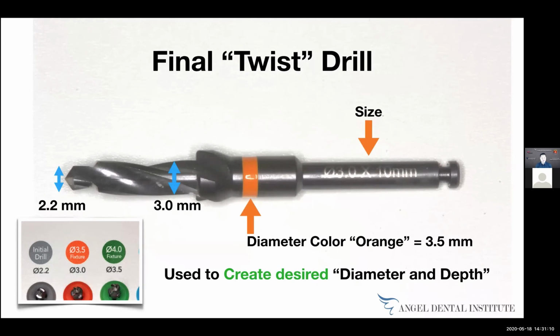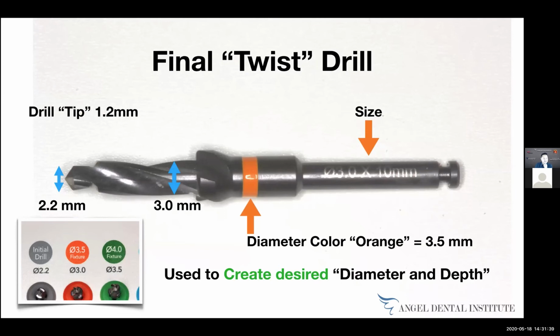Actually, there's a differential of 0.6 millimeters, but I think that's a harder number to remember, so we say 0.5 millimeter differential. But you want that difference so that you get initial stability, okay? And this is used to create the desired diameter and depth, the final. So you want to go to the final drill that you want for the implant size.